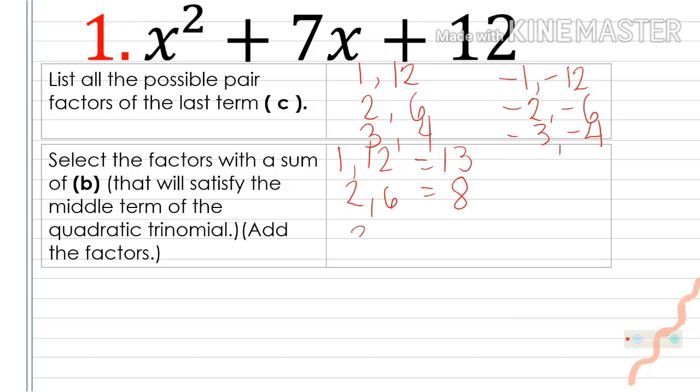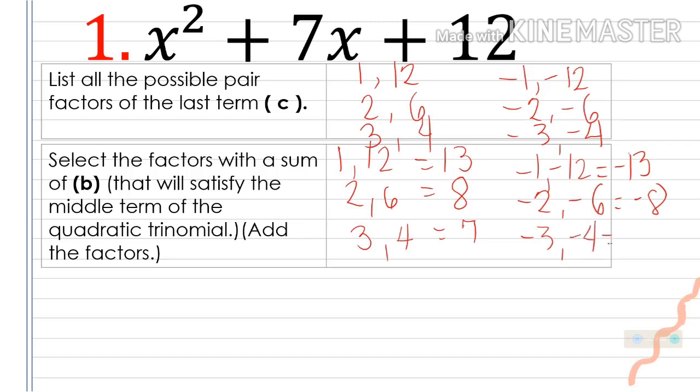Then 3 and 4, the sum is 7. Then negative 1 combined with negative 12 is negative 13. The next pair, negative 2 and negative 6, is negative 8. And negative 3 and negative 4, when we combine, is negative 7.